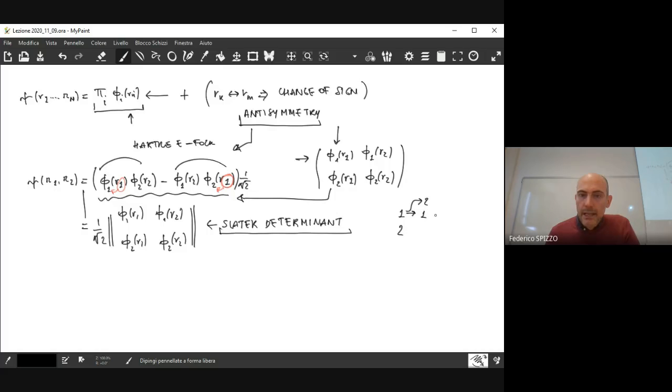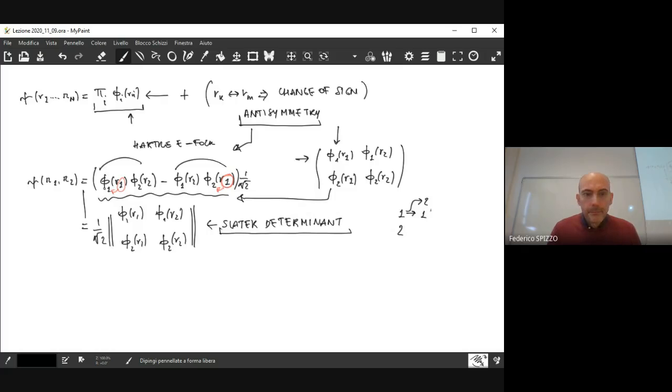This can be written as, so we are making a sort of permutation. In one case, we associate 1 to 1, in the other case, 1 to 2. So the possible index corresponding to the level that we associate to a fixed value of the electronic coordinate, so that we associate to a specific electron, can be considered to be a permutation over the possible electronic indexes.